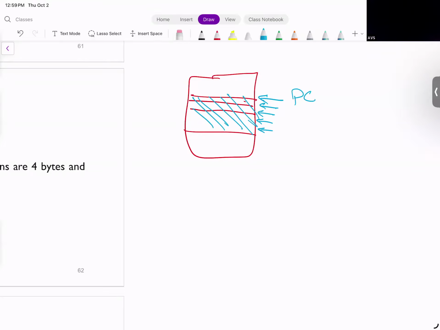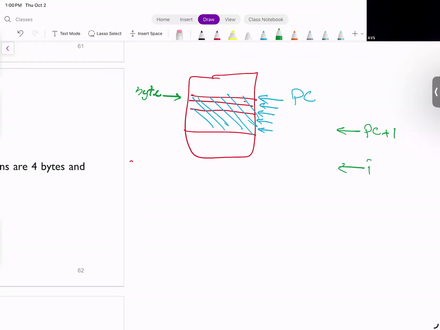But there is a catch here. Remember I told you that the memory needs to be byte addressable, so each address holds just 1 byte. But I also told you that RISC-V instructions are 32-bit. So when we are reading an instruction, I need to read 4 bytes together to create a 32-bit value. As a result, I don't do PC plus 1 for the next instruction.